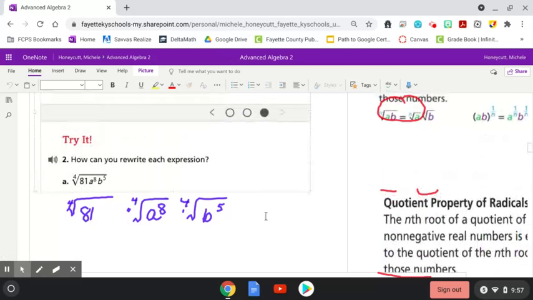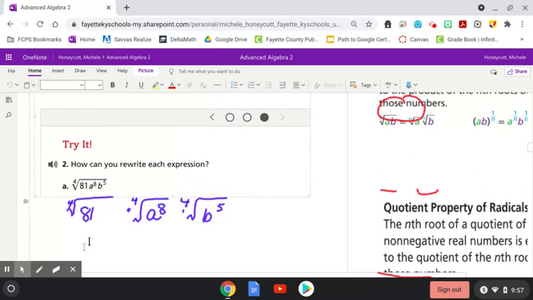So the fourth root of 81 is 3. The fourth root of a to the 8th, you'll divide 8 by 4. 8 divided by 4 is 2, so a squared, because a squared times itself 4 times is going to be a to the 8th.